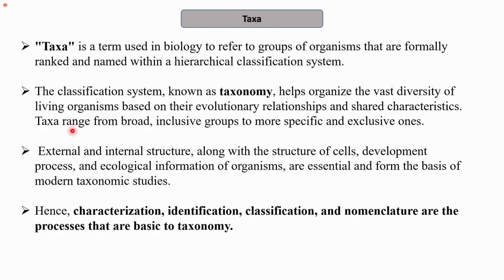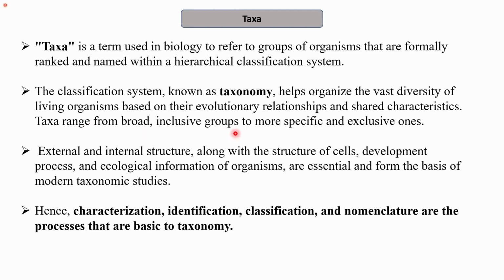So taxa range from broad, like plants and animals, which are very broad umbrella terms under which there are many organisms that can further be grouped into smaller taxa. So taxa range from broad, inclusive ones to more specific, exclusive ones.